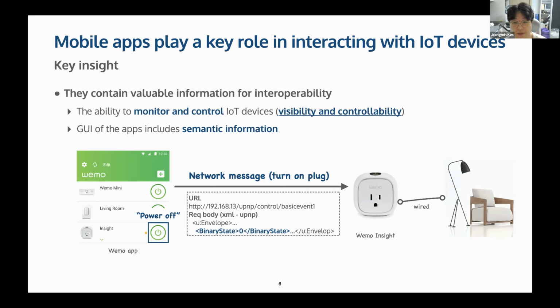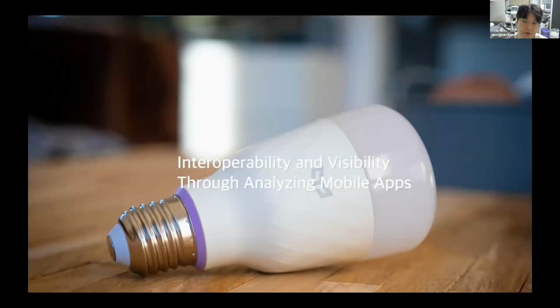Therefore, our system extracts this information and then uses it for interoperation among IoT devices that are not interoperable. I will show you an interoperation that is achieved by our system. In this scenario, we assume that a user wants to power off a smart plug, Wemo, when streaming a Netflix movie through a streaming dongle, Chromecast.